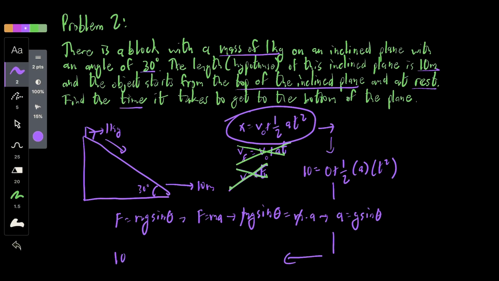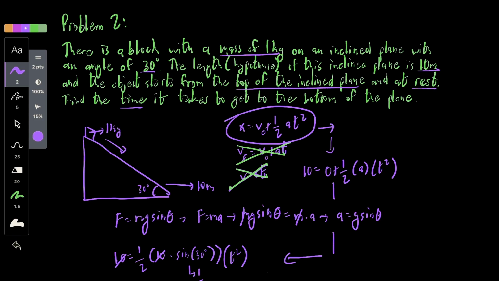So we have 10 is equal to 1/2 times g, which is 10, times sine of 30 degrees times time squared. So 10 and 10 cancel out. Sine of 30 is 1/2. So 1/2 times 1/2 is equal to 1/4.